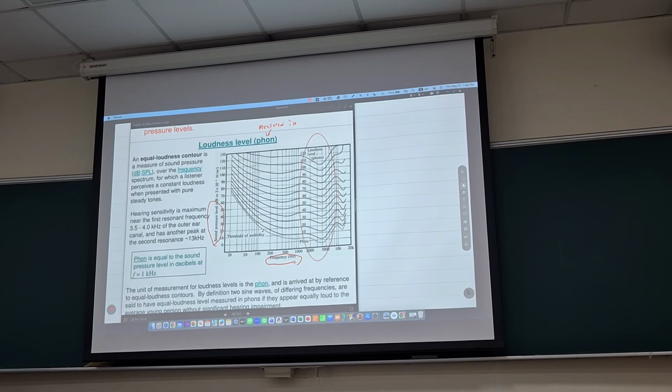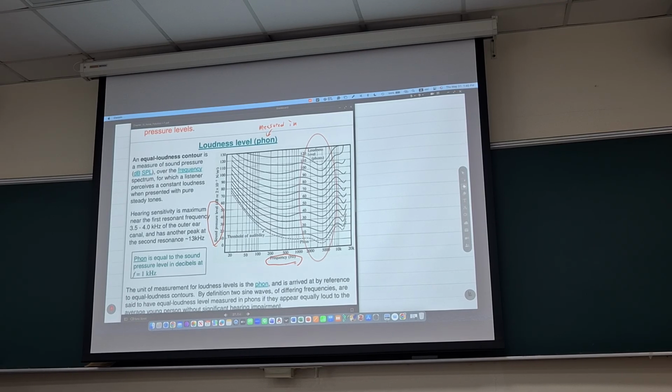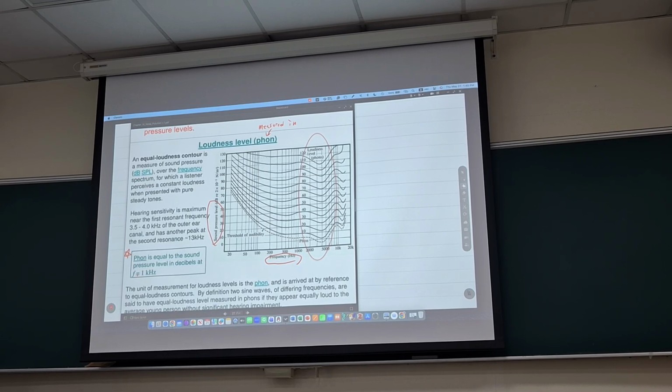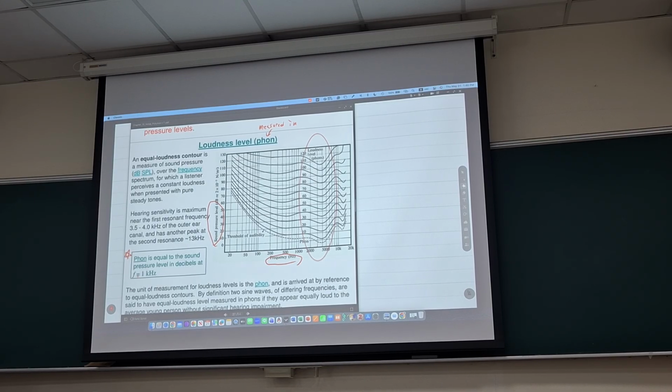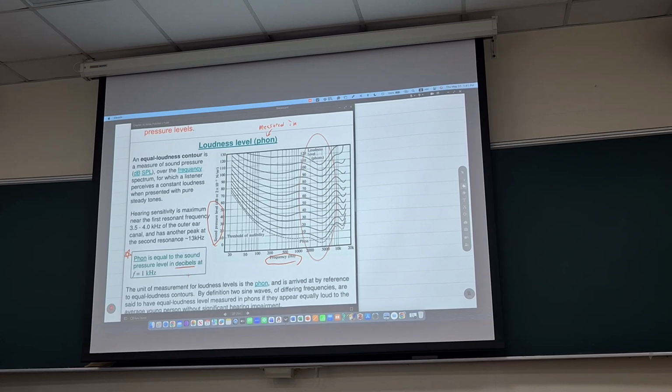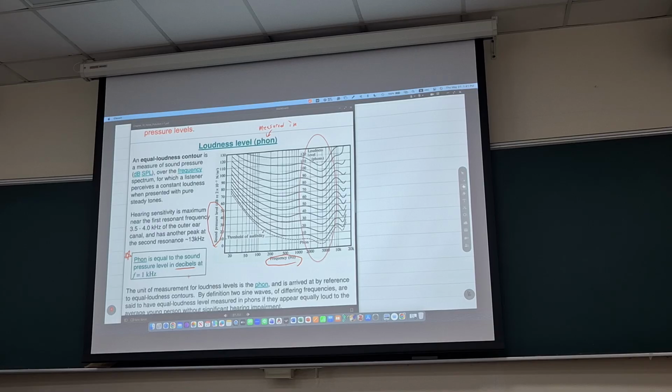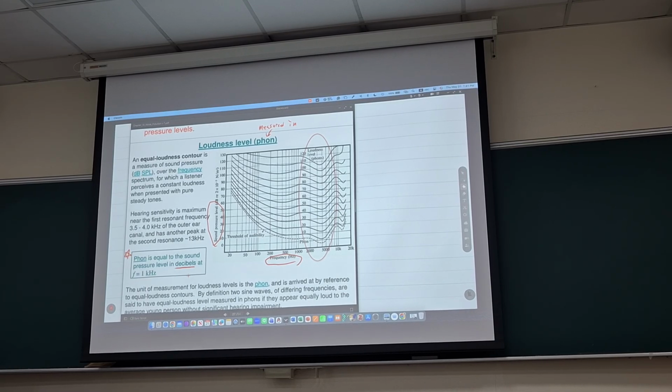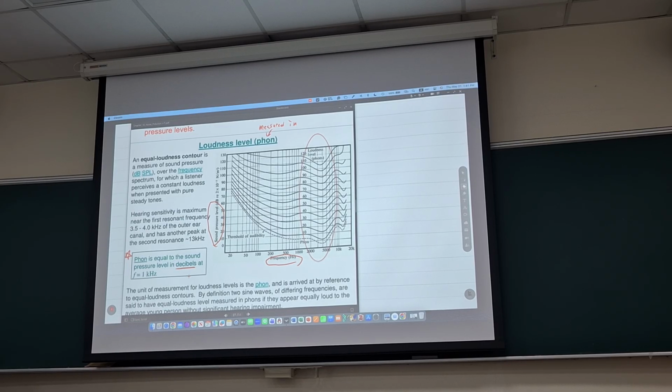For example, here, the phone is equal to the sound pressure level in decibels for the bass, and frequency equals 1 kilohertz. The phone is equal to the sound pressure level in decibels when the frequency equals 1 kilohertz.